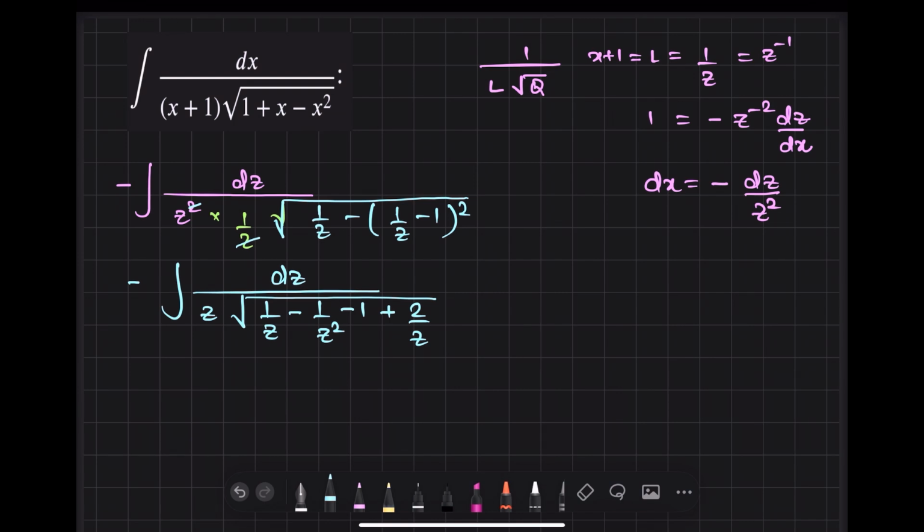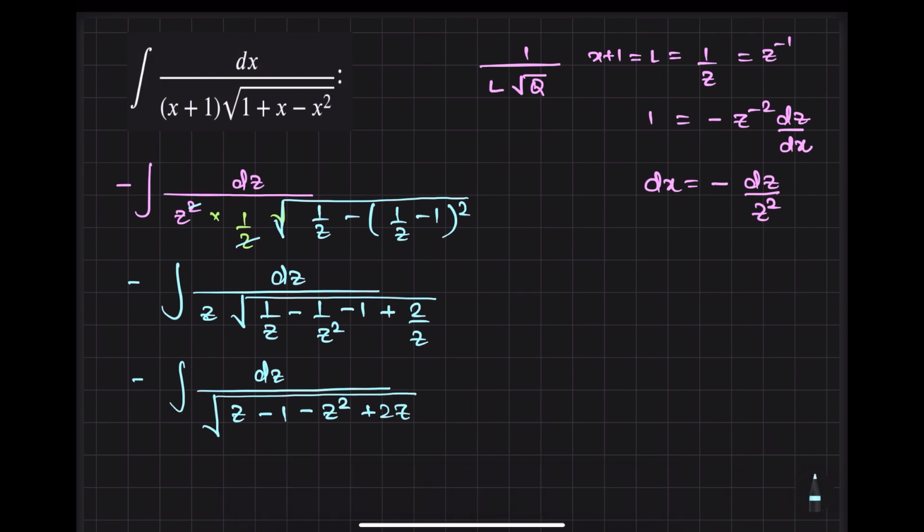If you take the LCM, this z and the z in the denominator will be neutralized. So we have integration of dz by, yes, so the LCM was what? It is root over z minus 1 minus z square and then plus 2z.